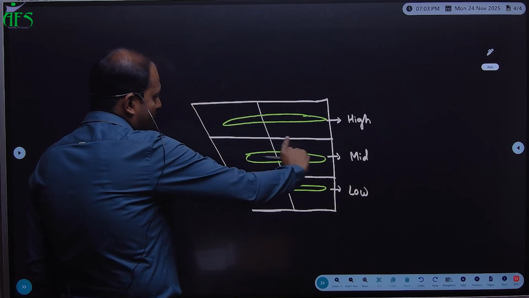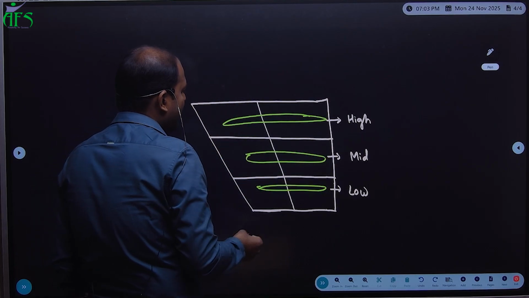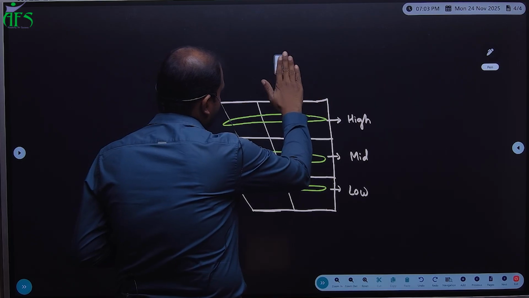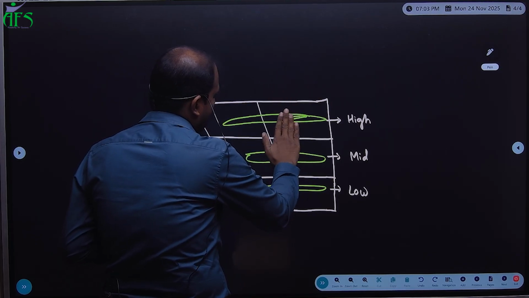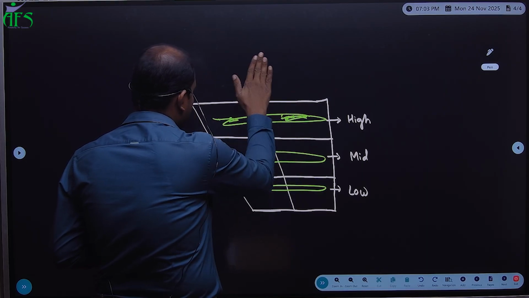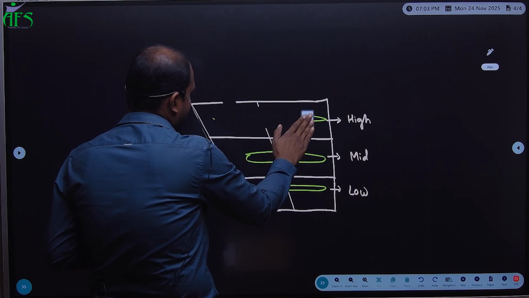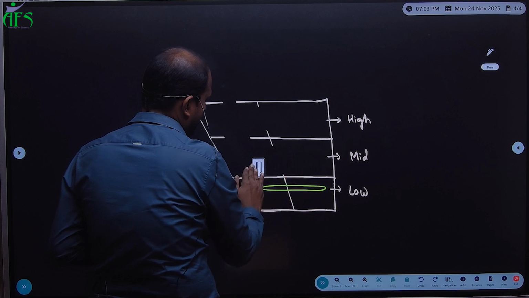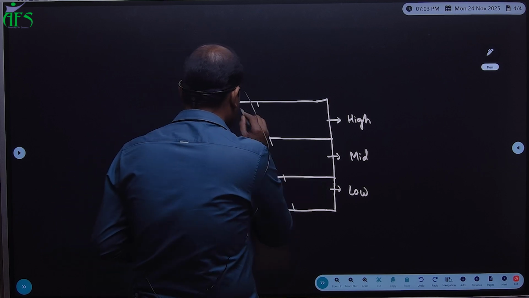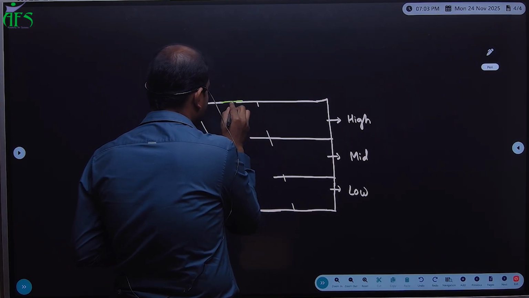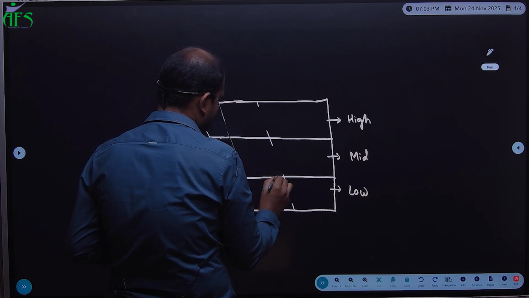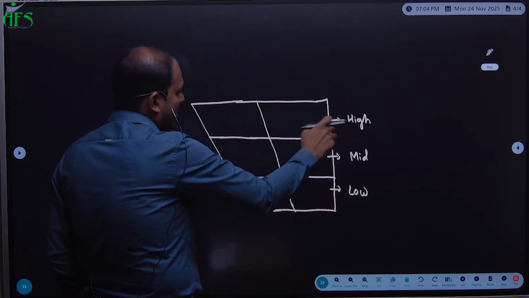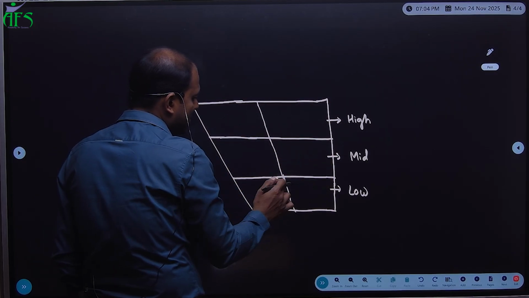Now vertical. So this entire part is high, this entire part is mid, and this part is low.